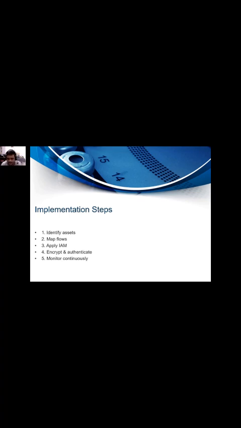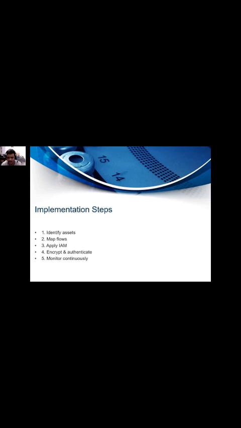Implementation steps. Implementing zero trust is a journey, not an instant process. It starts with identifying assets, understanding what needs protection: users, devices, data, and applications. Map data flows, know how the data travels across the organization, and apply IAM policies. Create strict rules for who can access what.